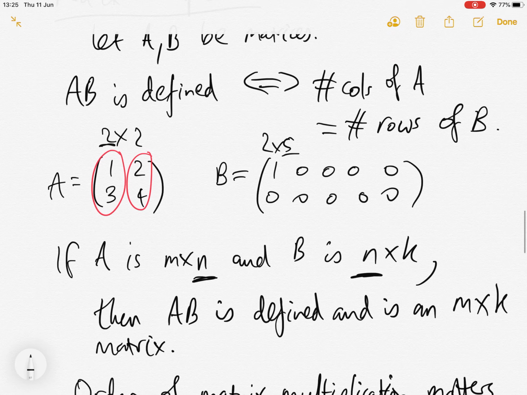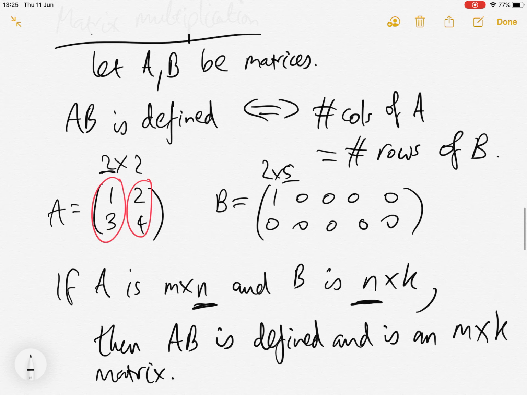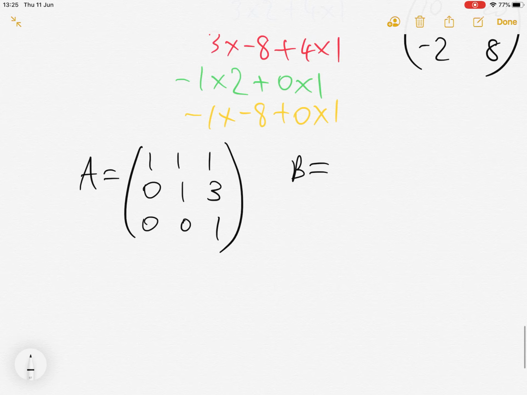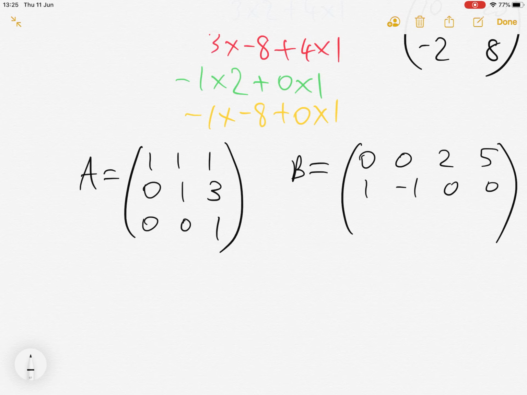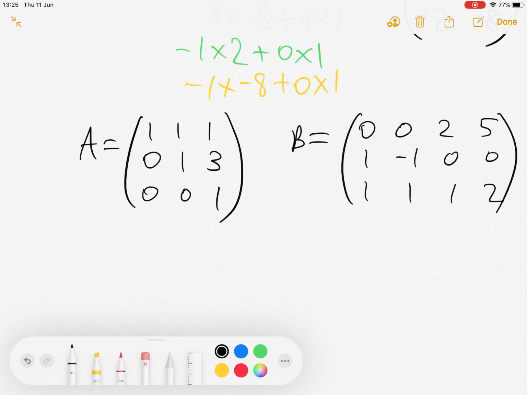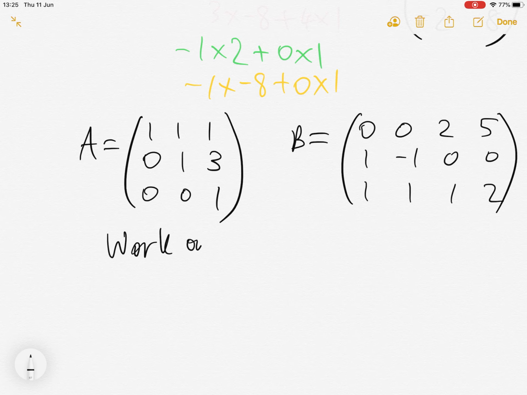So in order for the matrix multiplication to be defined, we need that 3, the number of columns in A, is the number of rows in B, the second matrix. And then we'll take B to be 0, 0, 2, 5, 1, minus 1, 0, 0, 1, 1, 1, 2. So the number of rows in B is the same as the number of columns in A, so we can work out AB, which is the question.